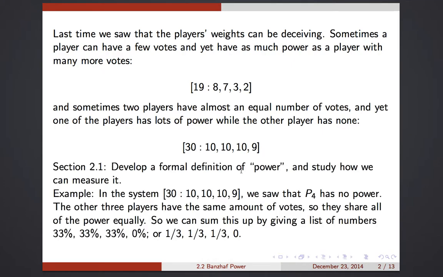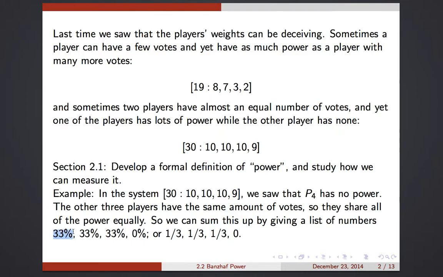So the goal of this section is to develop a formal definition of power that can deal with these sorts of extremes, that can deal with the fact that weights can be deceiving. And we study how we can measure it. So in this system here, player 4 has no power, as we just discussed. So we can sum up the discussion about that example by giving a list of numbers, percentages or fractions. And the list of numbers is telling you how powerful each player is relative to the others.